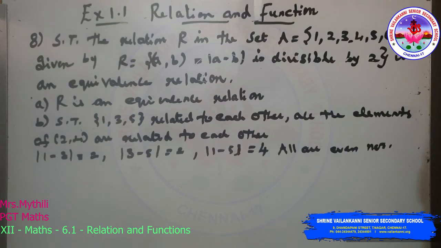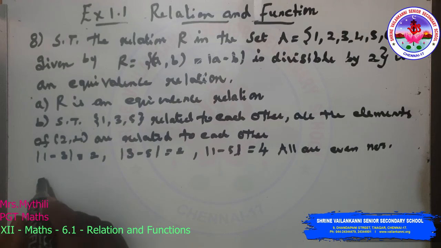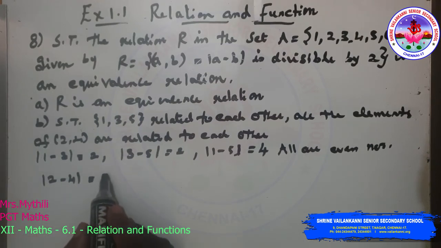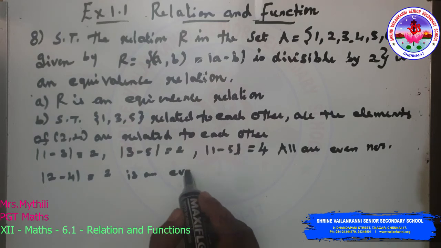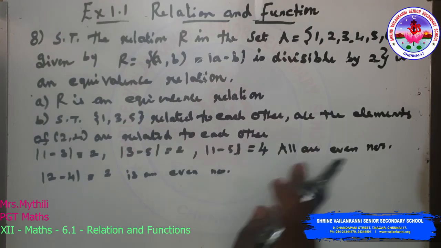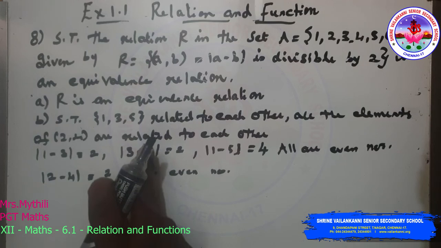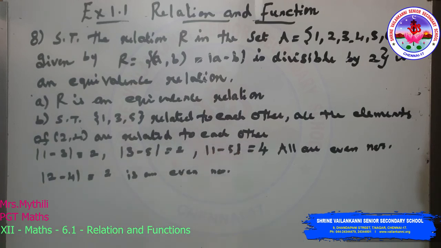So elements of 1, 3, 5 are related to each other. Then elements of 2, 4 are related to each other. That is, modulus of 2 minus 4 is 2, which is an even number. Then we say that all the elements of 2, 4 are related to each other.